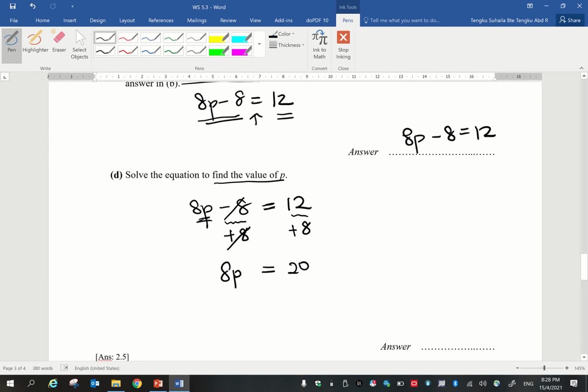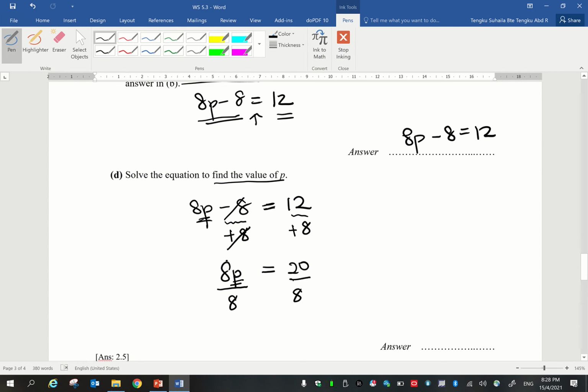Now, what's next? What do I have to get rid of? I'm trying to find the value of p. I do not want the 8p, I want p only. So how to get rid of this 8? This is 8 times p, so we do the opposite of times, which is divide. Again, maintain your equality. If I do it on the left side, I must do it on the right side.